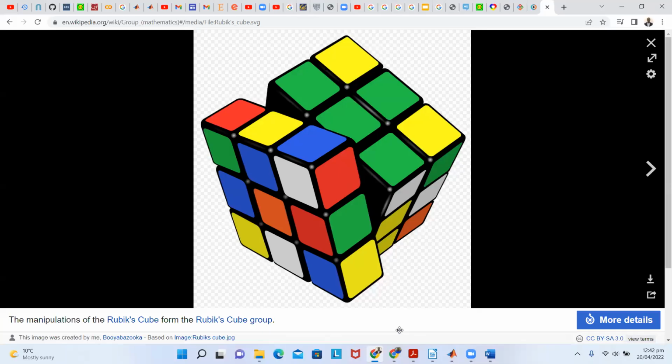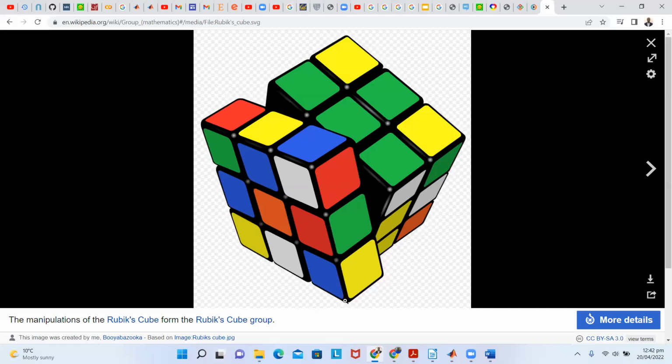Usually it has colors: red, green, yellow, blue, white, and also orange. You try to arrange this cube such that all the greens go to one side, all the yellows to one side, all the blues to one side, all the whites to one side, all the orange to one side.